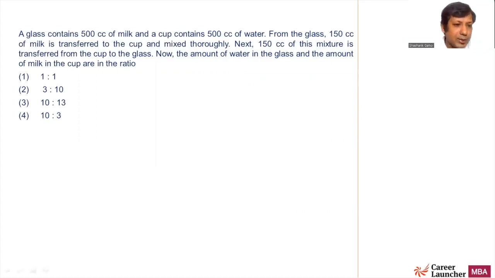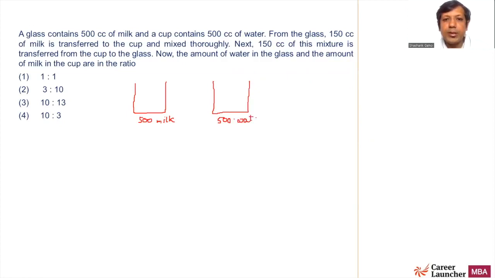So what I have is one that has 500 cc of milk, and another one that has 500 cc of water. From the glass, 150 cc of milk is transferred to the cup.